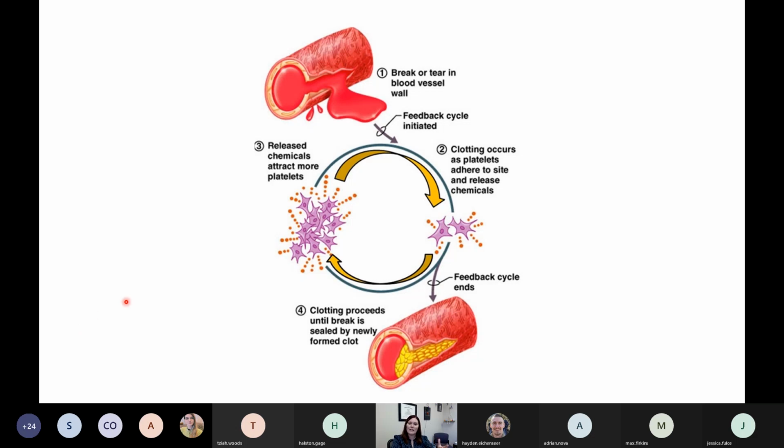So let's look at an example of a positive feedback loop, and that's the process of blood clotting. Say we got a paper cut, and the blood vessel in our finger has been cut. We're bleeding. We don't want to bleed out from a paper cut. So when we damage our blood vessel wall, that calls over some cells called platelets.